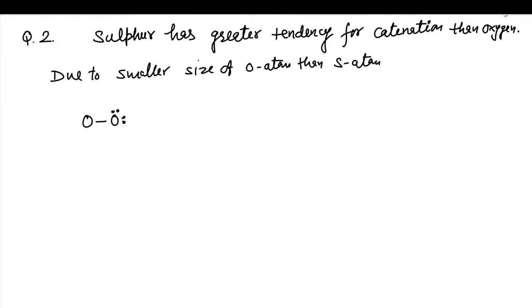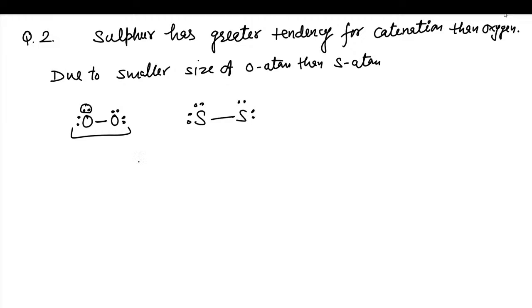Because of the small size, lone pair-bond pair repulsion is more. In the case of oxygen, it is more than that of sulfur, because in sulfur, due to large size, lone pair density is less. Very good.